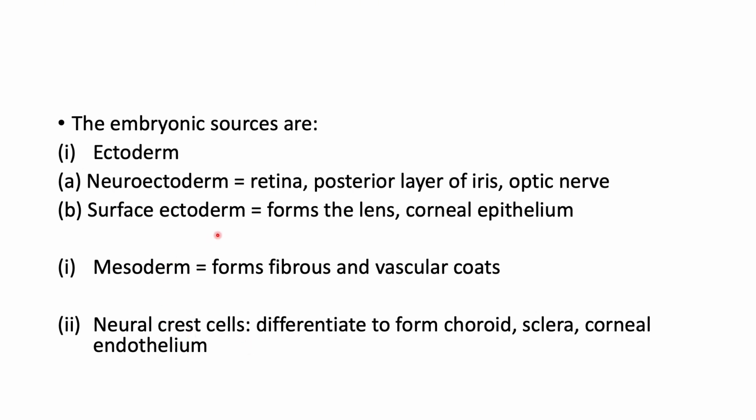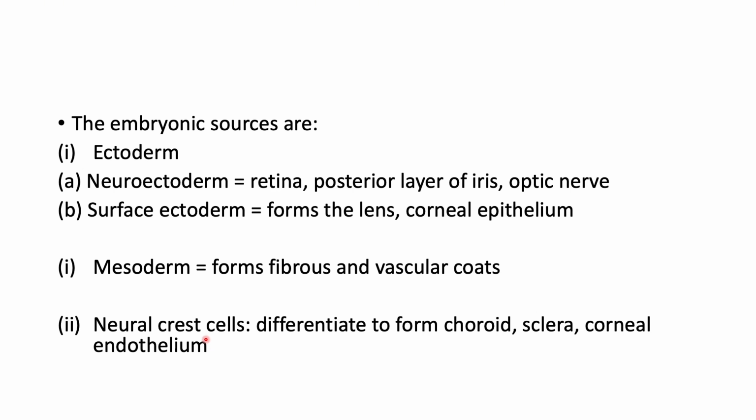The surface ectoderm forms the lens and the cornea epithelium. Note that this is epithelium, cornea epithelium, because you also have cornea endothelium. The mesoderm forms the fibrous and vascular coats. Then the neural crest cells will differentiate to form the choroid, sclera, and then the cornea endothelium. So that is what I was alluding to earlier.